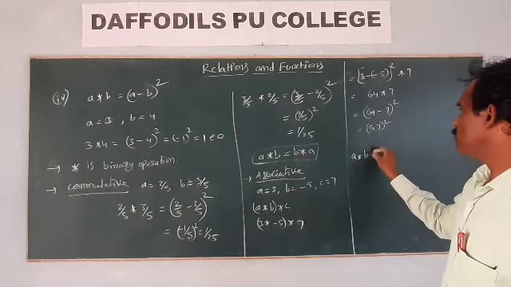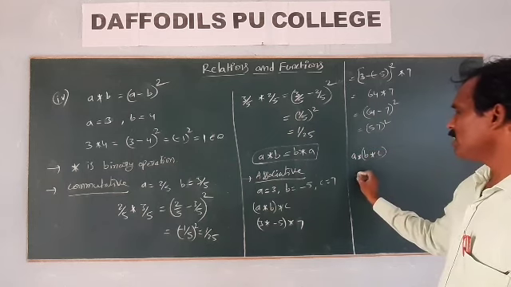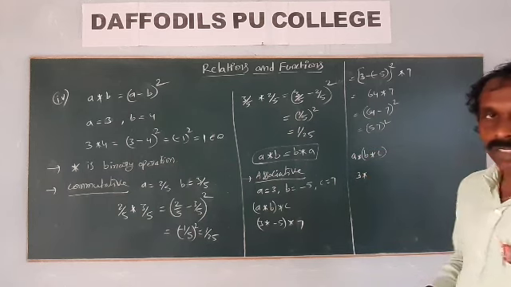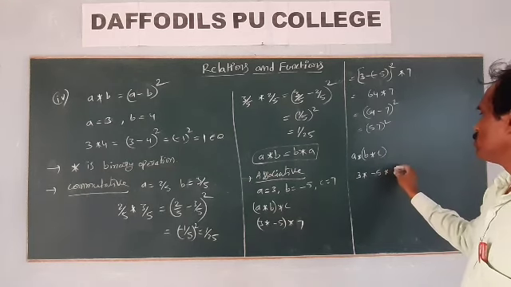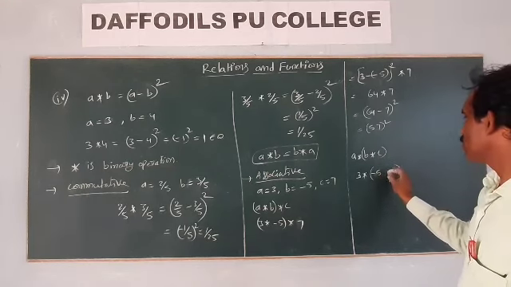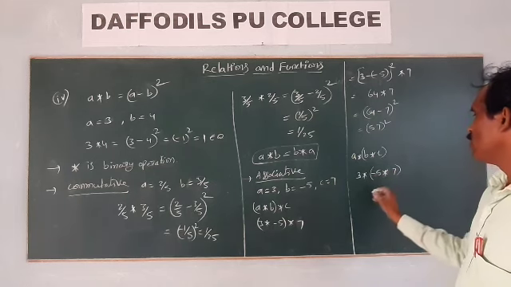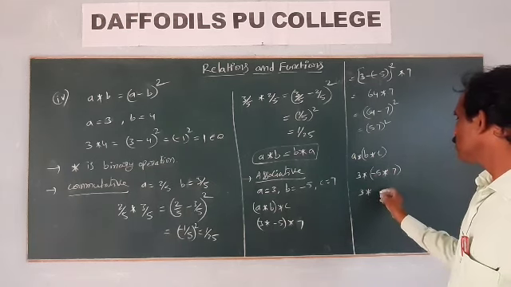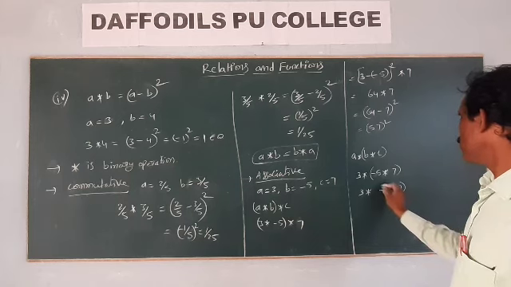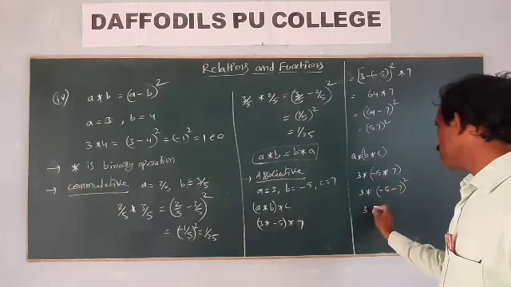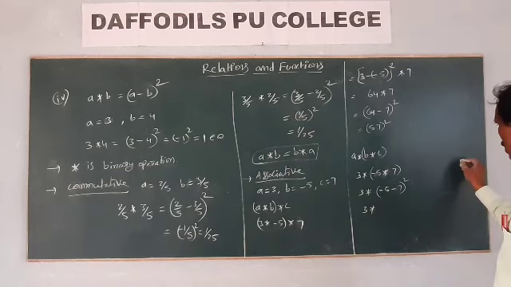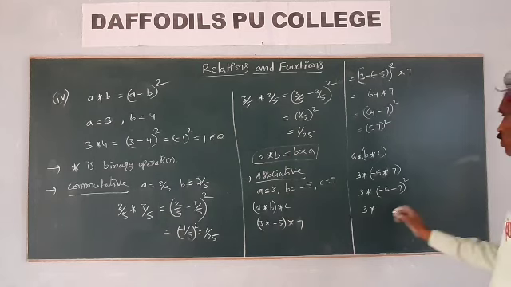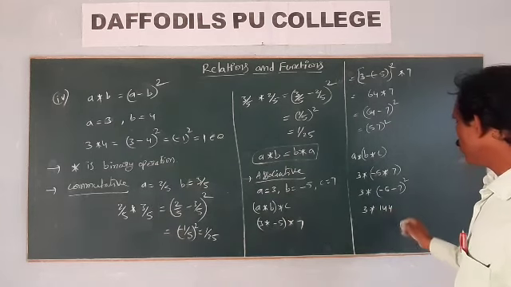Now this one, A star B star C: A means 3 star, B means minus 5 star 7. So this means minus 5 minus 7 whole square. 3 star minus 5 minus 7 value, minus 12 whole square, 144.